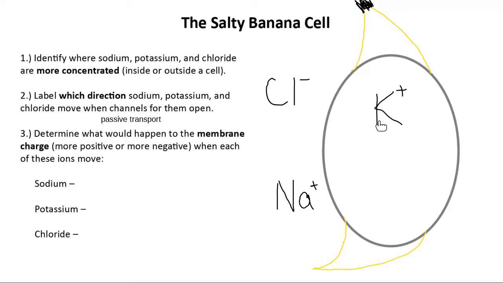So we said there was a lot of potassium that's inside the cell. Inside has a high concentration, which means if I open up a channel protein for it and it's doing passive transport, is potassium going to go out or going to go in? Since it's passive transport and we're going from high concentration to low.